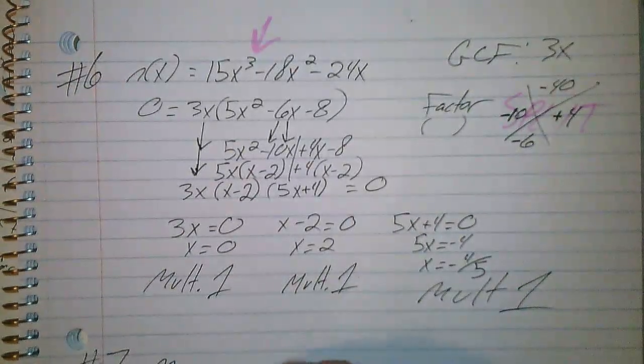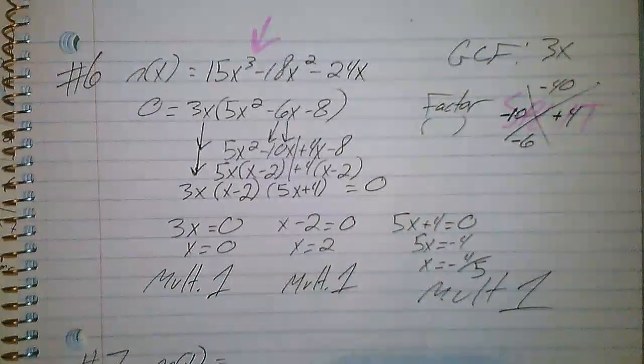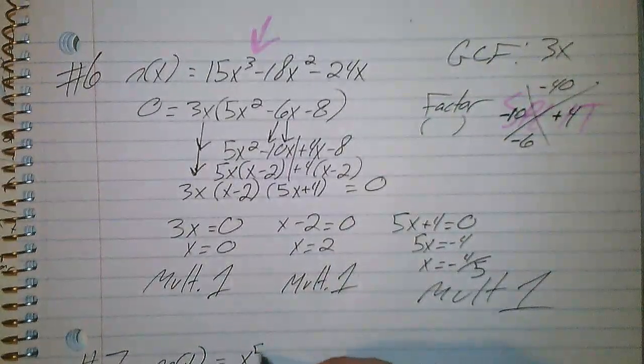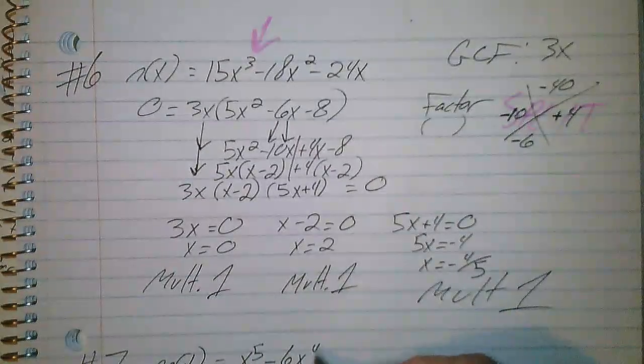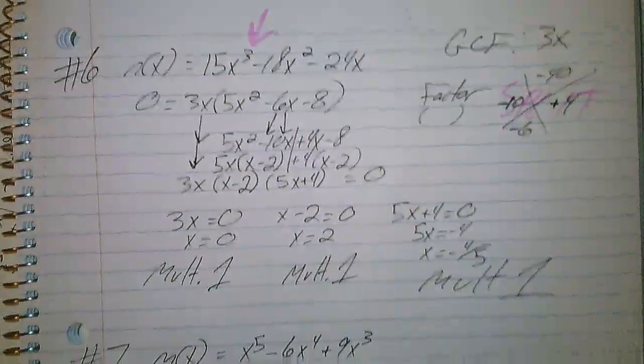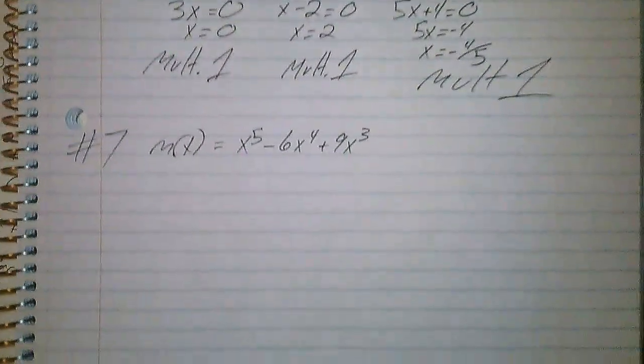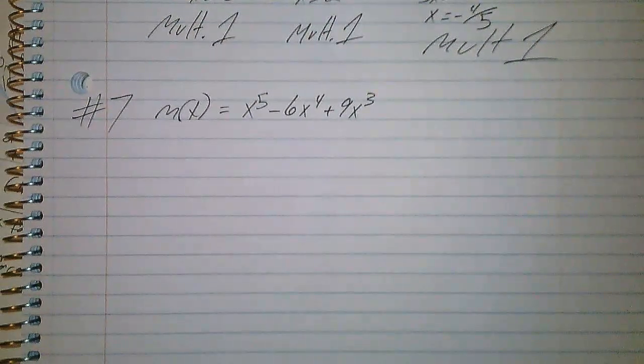Let's look at one in which the multiplicities change. And then we'll stop here for now. And here we go. Write that down. We have another GCF.